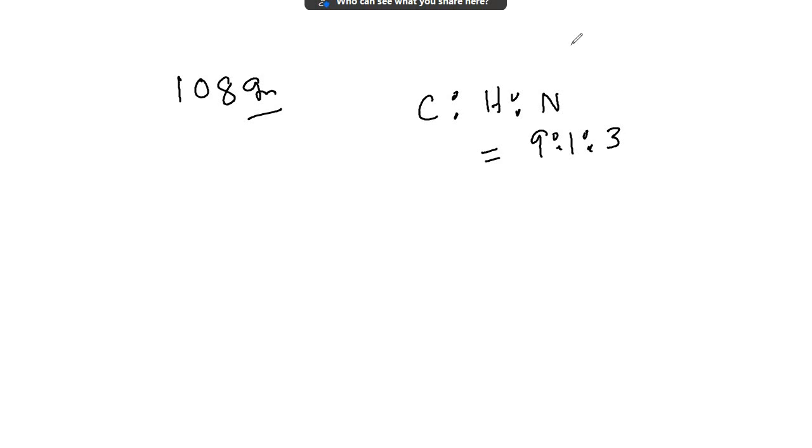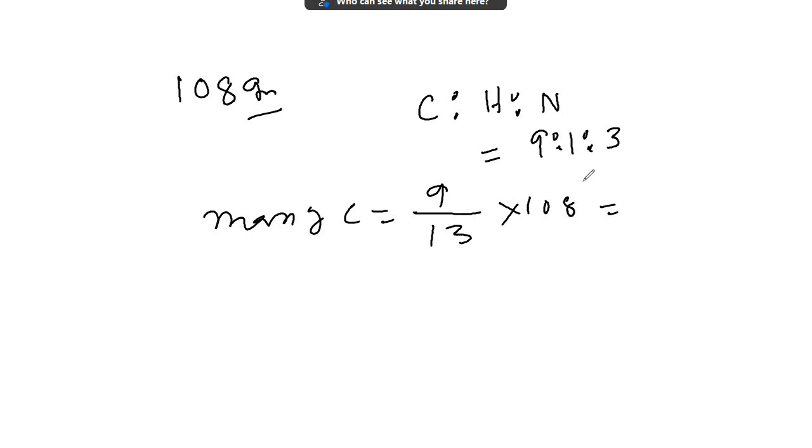Let us solve it. How you can proceed to do the sum. It is also a very easy sum. You can easily solve it. Mass of carbon is 9 by total mass 13.5 into 108. This will give you roughly 72 gram.